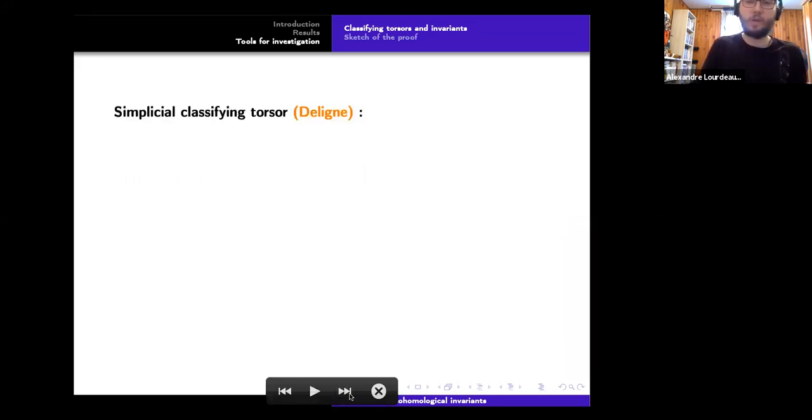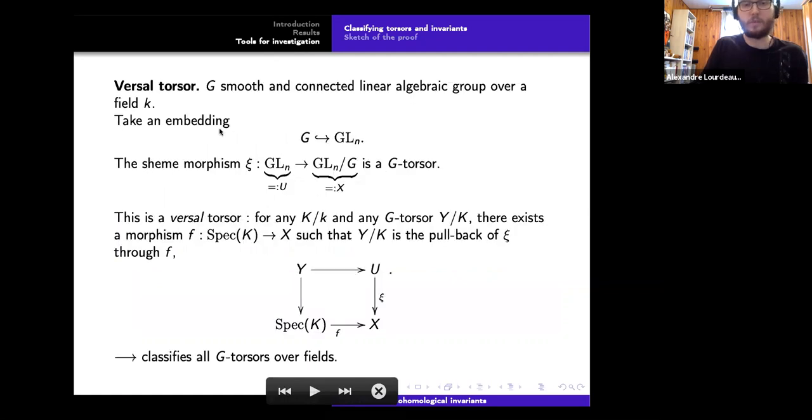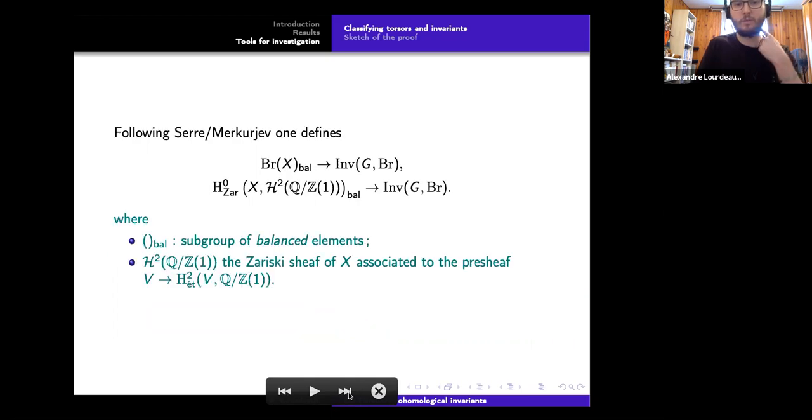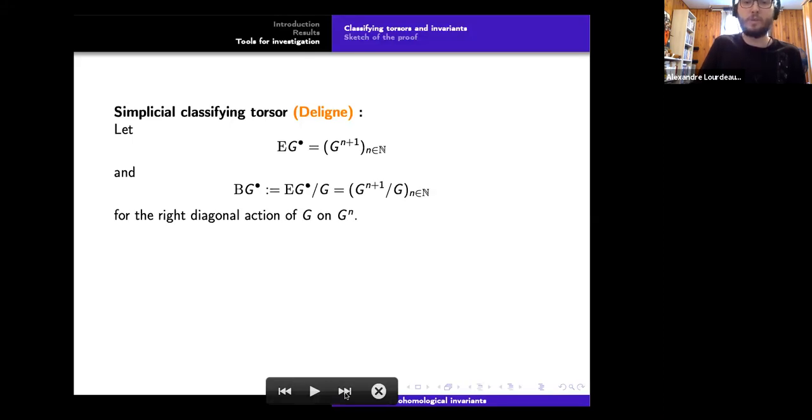And we have another, besides this versal torsor, we can define another kind of general torsor, which I called the simplified classifying torsor, and this comes from Deligne. This is the first time I saw it in Deligne. And we need simplicial schemes.